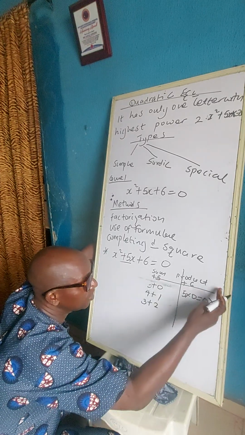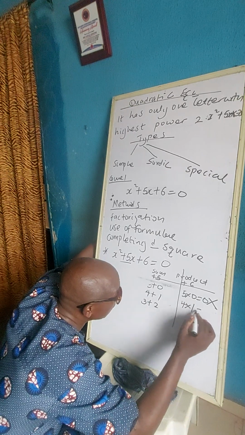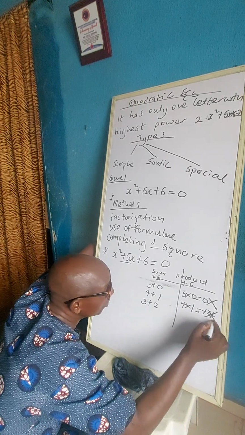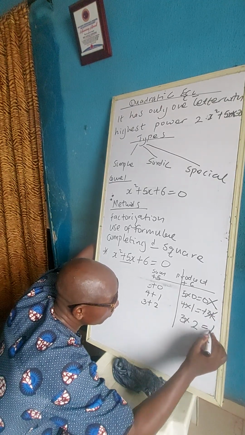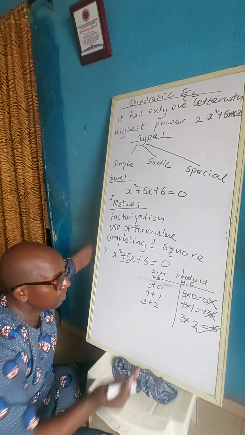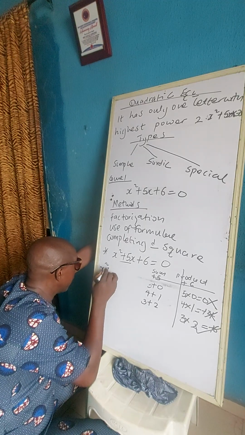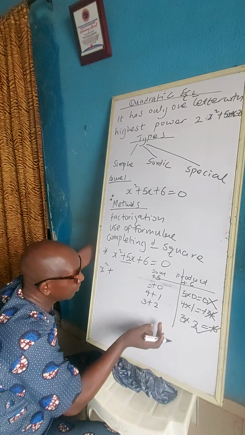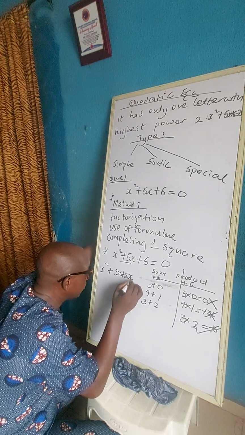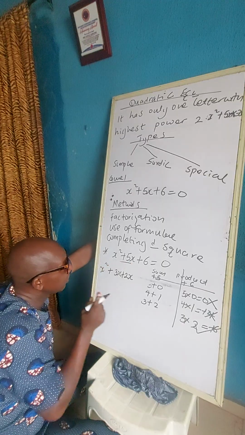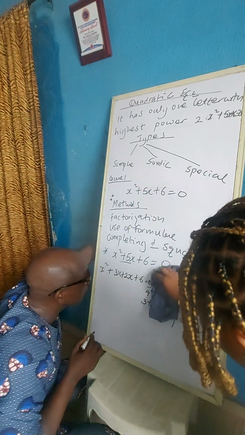The second one, 4 times 1 equal to plus 4. It does not give us plus 6. 3 times 2 equal to plus 6. We are going to use 3 and 2. That means x squared plus 5x now turns to x squared plus 3x plus 2x. You have split it into 2, plus 6 equal to 0.